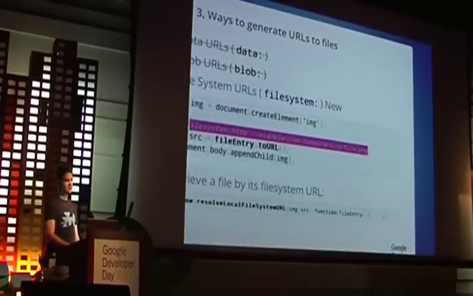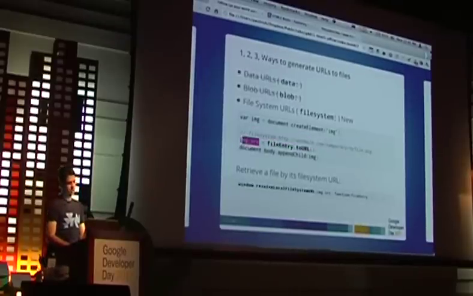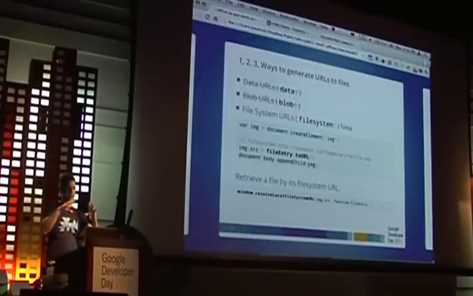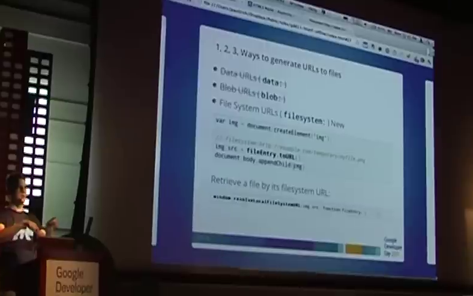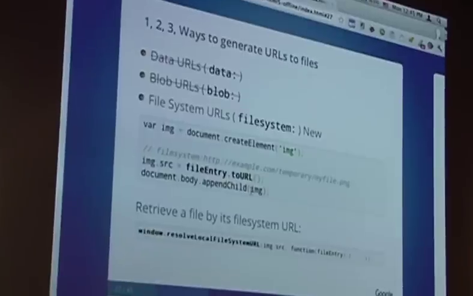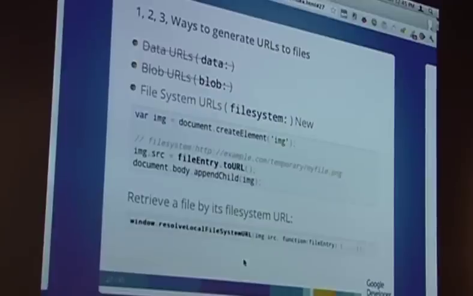It's a myfile.png. We can just set that as the source of an image and add that image to the DOM. And so that image inside this page is referencing the file in my file system, but it shows it just as normal. So it's pretty cool. I can just integrate the things that are stored in the file system into my page, and they work normally.